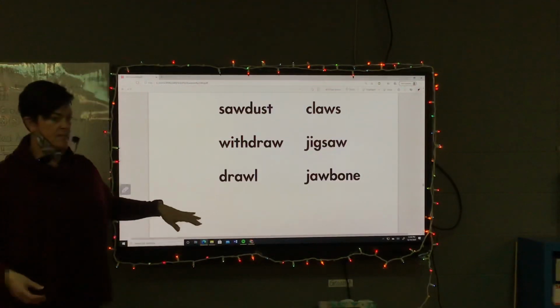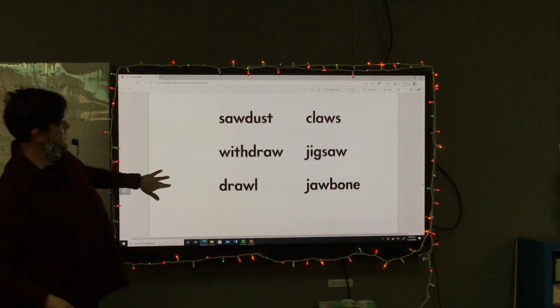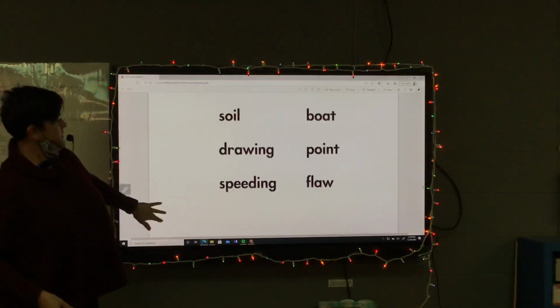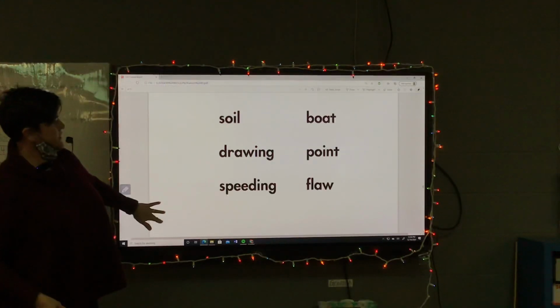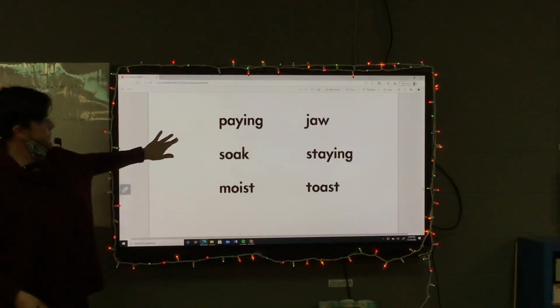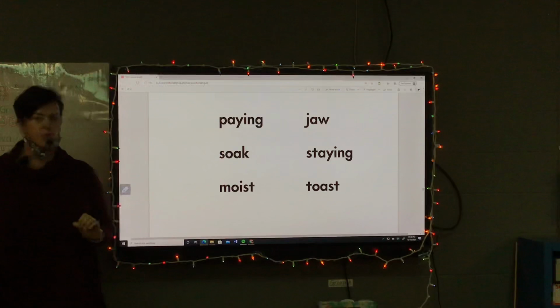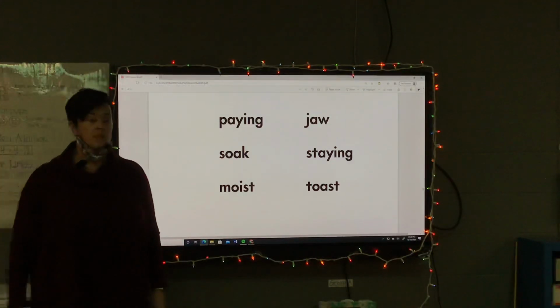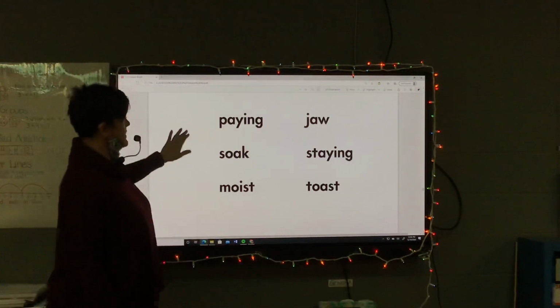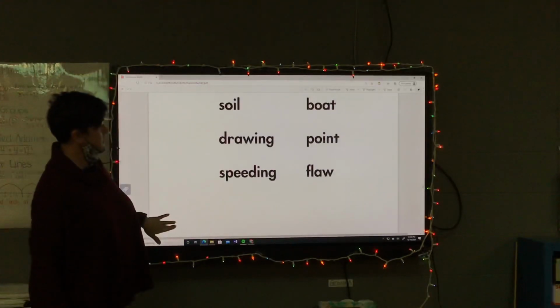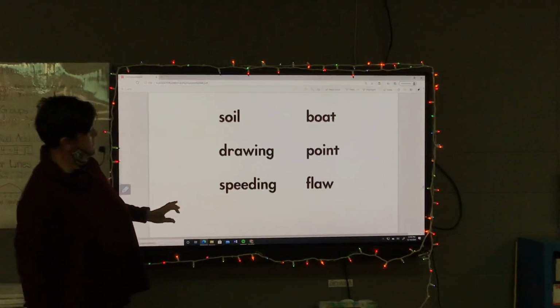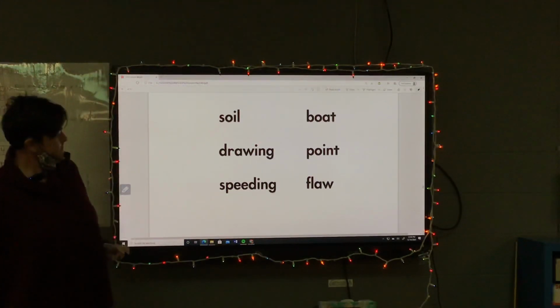Does that make sense? Yeah. Okay. We read through those, right? Yes. Okay. Let's read through these. Jenny? On the last one, I saw that every single one of them had a vowel pair. Yeah, they do.